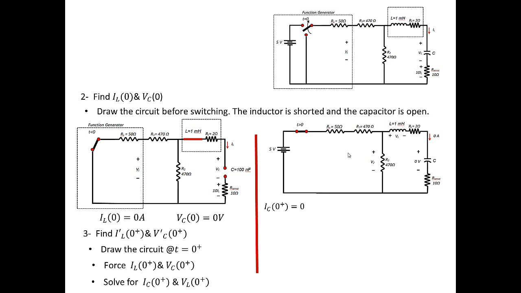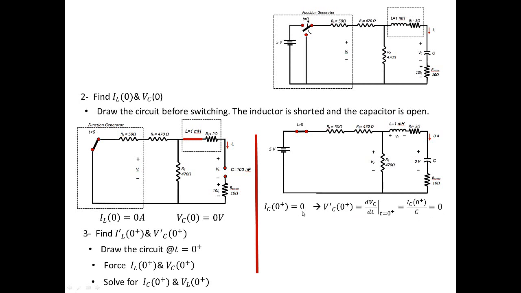Now we can say that VC prime at 0 plus, which is the derivative dVC/dt at t equals 0 plus, is basically IC at 0 plus over C. And since IC at 0 plus we found to be 0, then the derivative is going to be 0. So here we end up solving for the second initial condition for the voltage across the capacitor, and that is basically 0 volts per second.